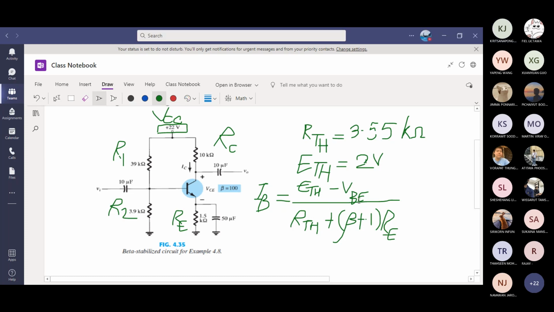2 minus 0.7 divided by 3.55 kilo ohm plus 101 times 1.5 kilo ohm. What's the value? I got 8.38 microamp.